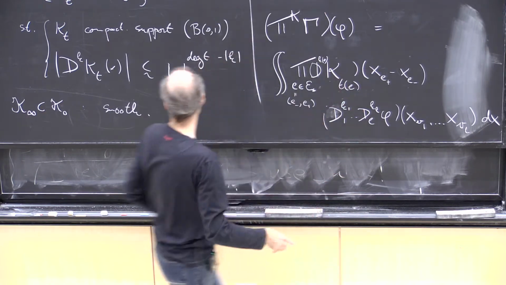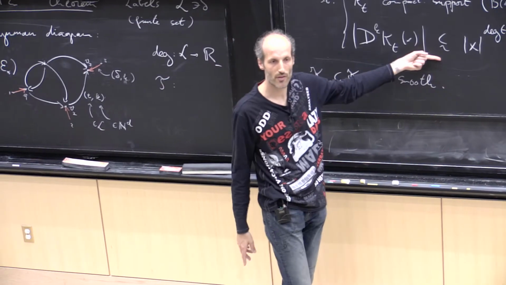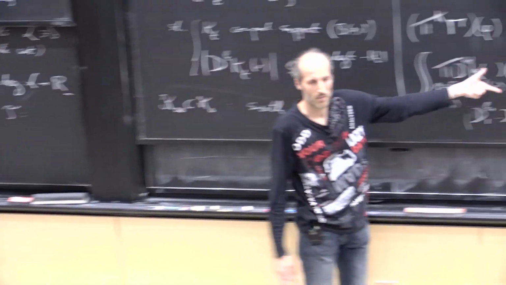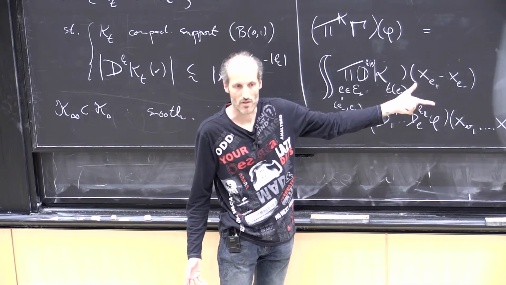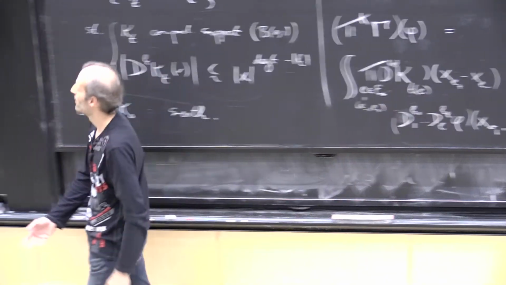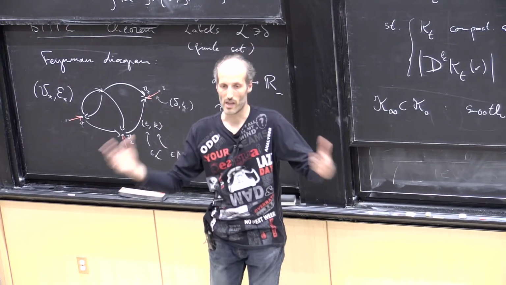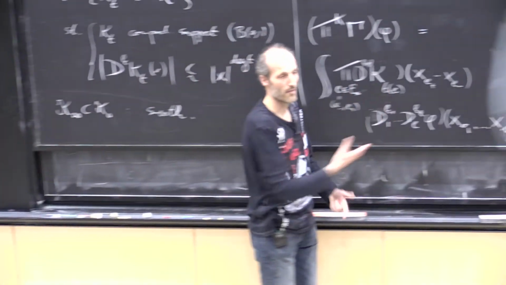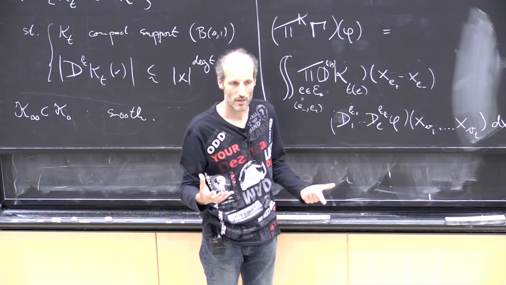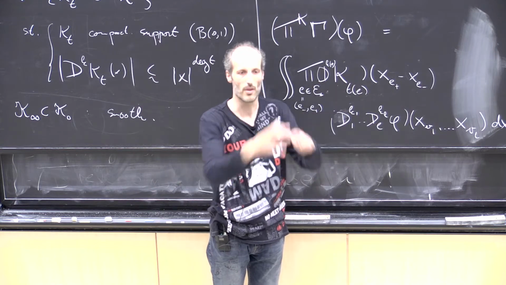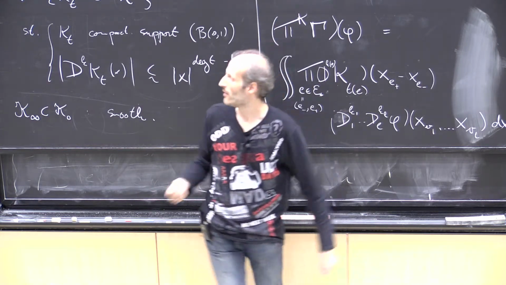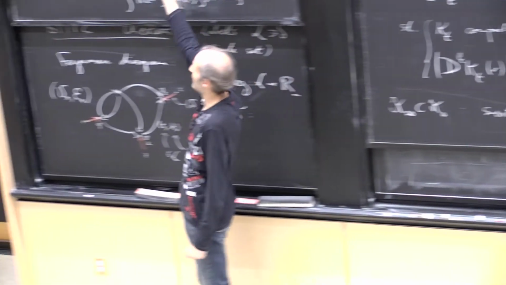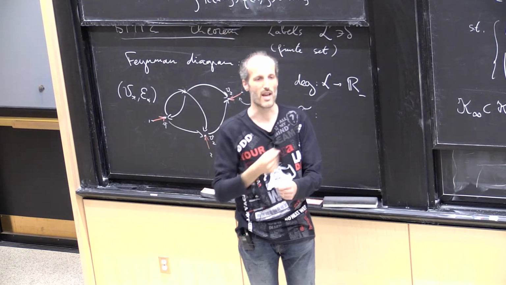If I only assume that my kernel satisfies this, then in general that integral won't converge. So I will have a similar problem as here, that I have a big integral which diverges, except that now, of course, the divergence looks much more complicated. It's not just a simple divergence. Here the divergence, I know exactly when it happens. It happens exactly when x is equal to 0.